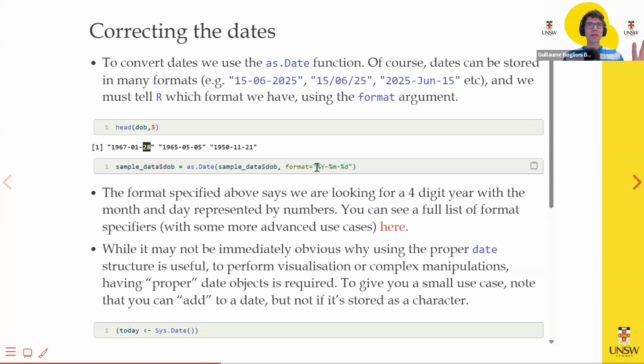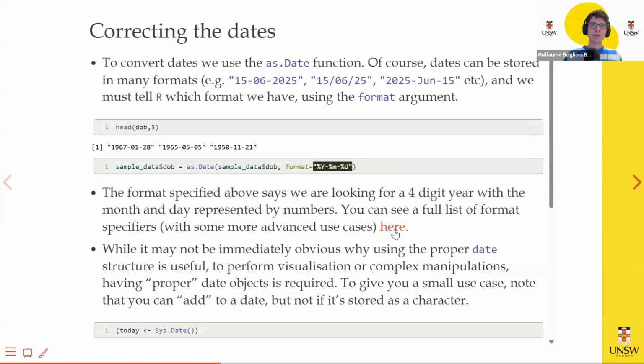So you need to tell R this, and here that's the syntax to use. Frankly, I usually don't remember it, and I Google it, but here, %Y with a capital Y means that the year has 4 digits. And then %m would tell R that there's the month after, 2 digits, and then there's the day, 2 digits. And this is enough to tell R, okay, my date is now going to be stored in the proper date format.